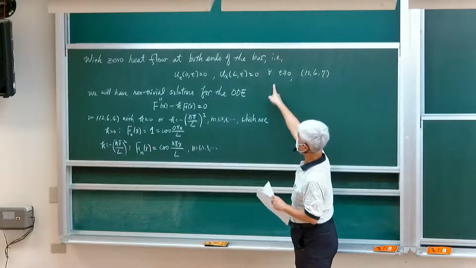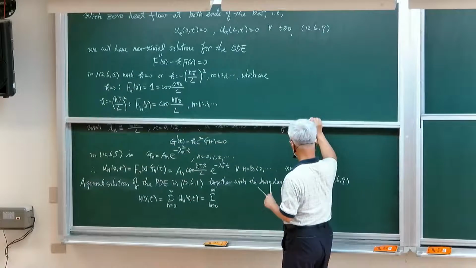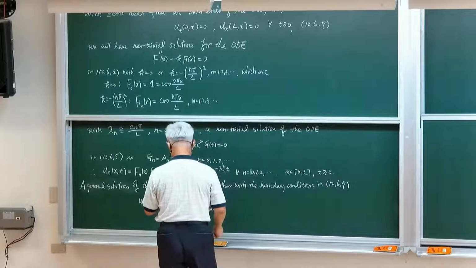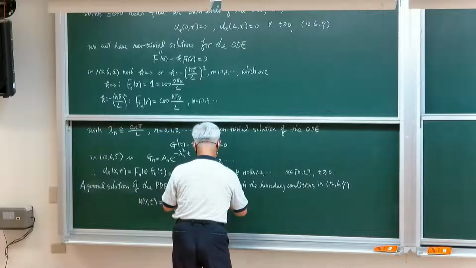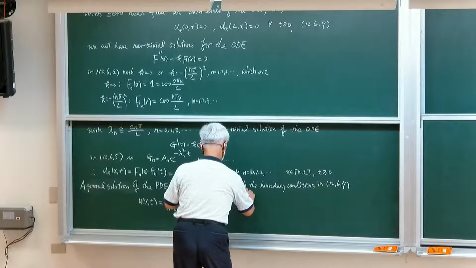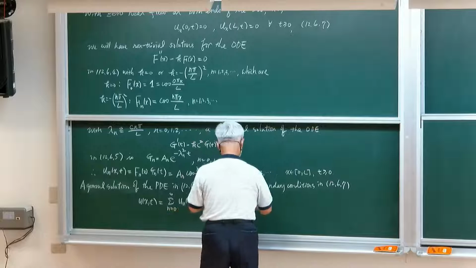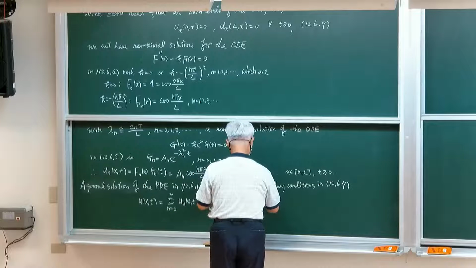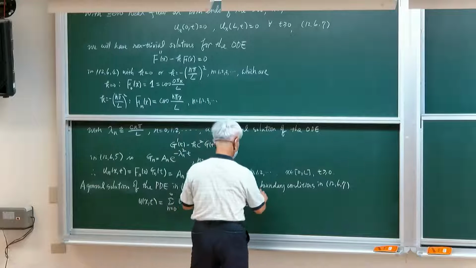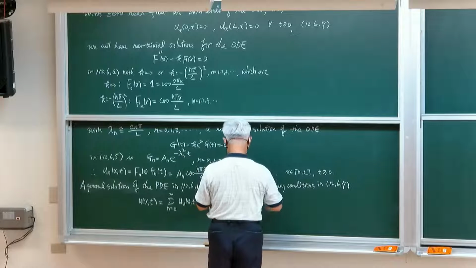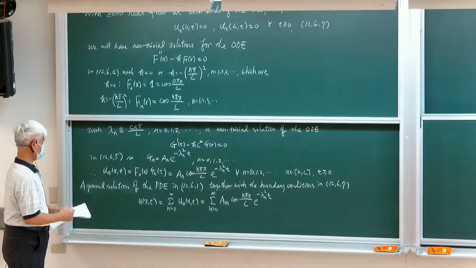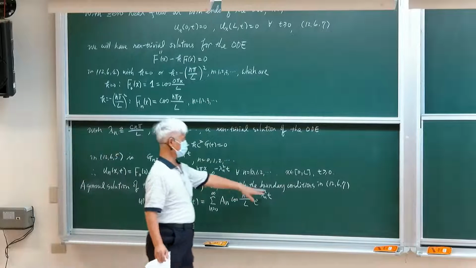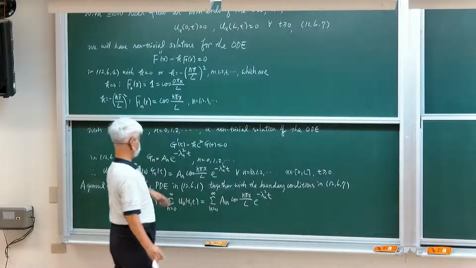The two boundary conditions here allow a superposition, that is, an cosine of n pi x divided by L times the exponential function with exponent minus lambda n squared t. So this is a general solution of the PDE satisfying the two boundary conditions.